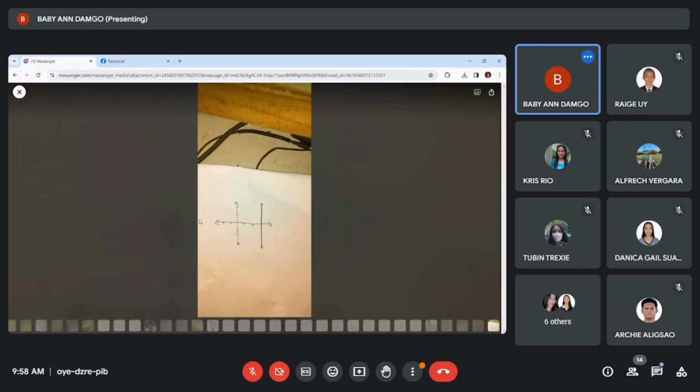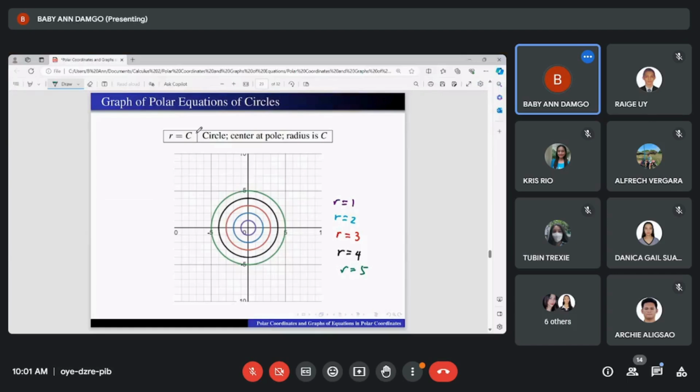So, simple ra kaayo ang kani nga equation. So, dito ra class, when R is 1, we form a circle with radius 1, which is the unit circle. When R is 2, we form a circle of radius 2. And then, when R is 3, we form a circle of radius 3 and so on. Okay, so dili na ko mapa-example. Klaro na kayo.